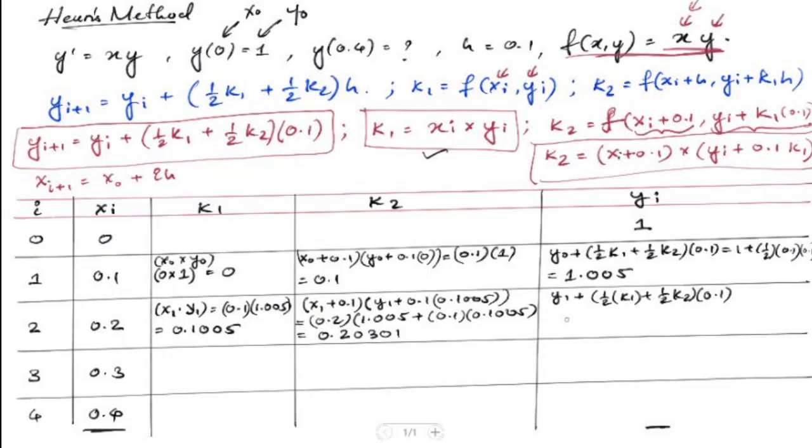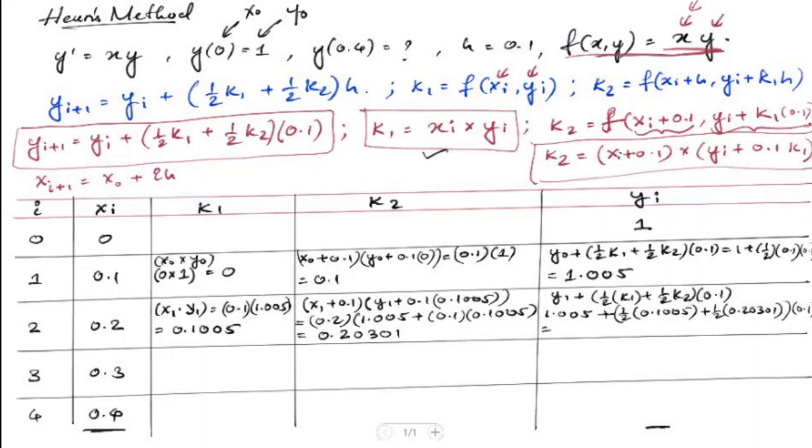So y1, we know the value is now 1.005, plus half times k1, which is 0.1005, plus half times k2, which is 0.20301, and the whole thing multiplied by h, which is 0.1.